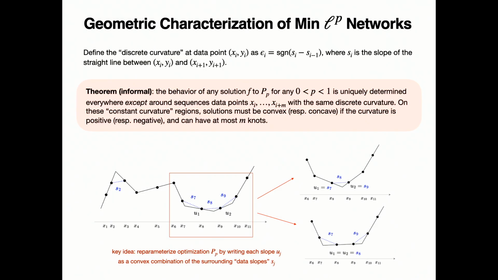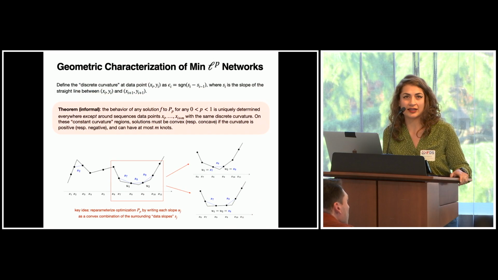Once you realize that, you can observe that the slopes of the minimum LP solution, whatever they are, have to be written as convex combinations of the surrounding data slopes. And that allows you to rewrite the optimization as a minimization subject to a convex constraint set.